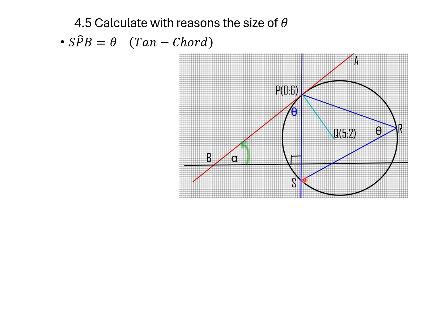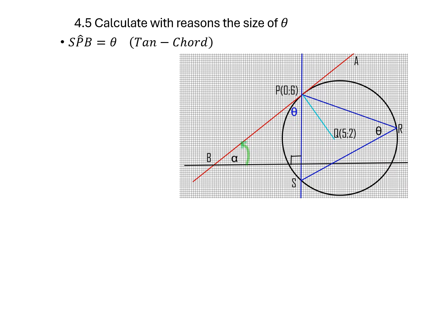You see S is on the circle, R and P, and then BPA is a tangent. So, by the tan chord theorem, this angle here must equal that angle there. If that's theta, that there is theta.